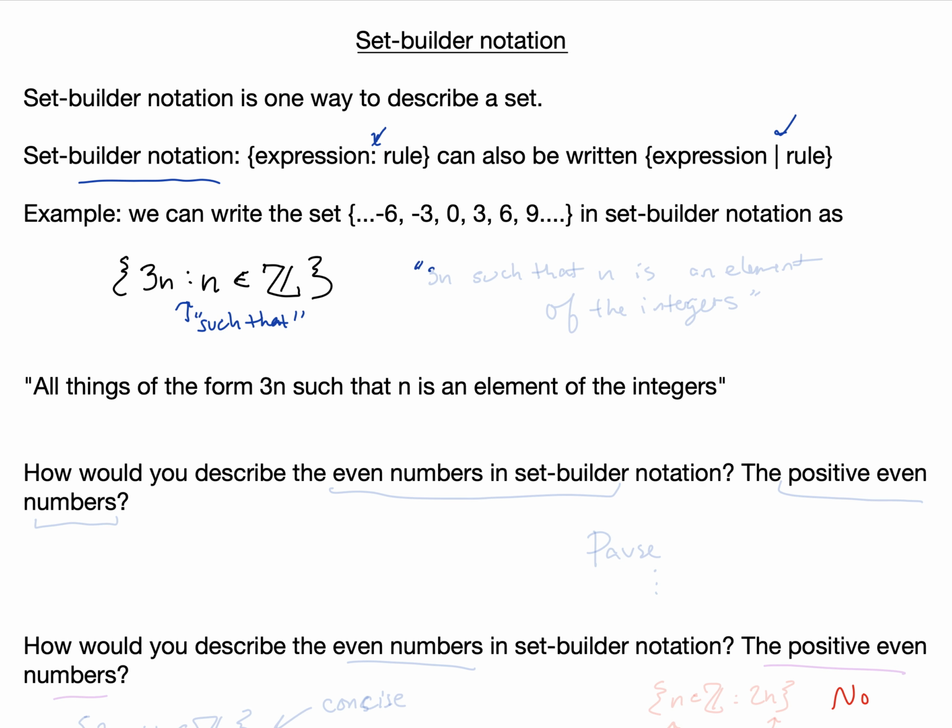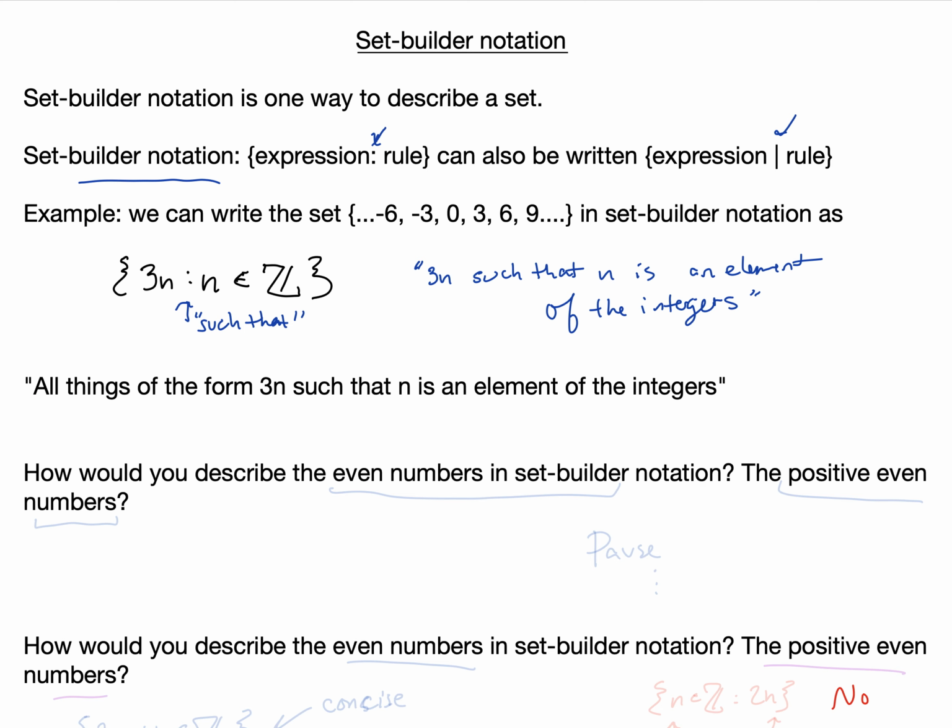This is read out loud as 3n such that n is an element of the integers. So, all integer multiples of 3. And that's how we would write it in set builder notation.